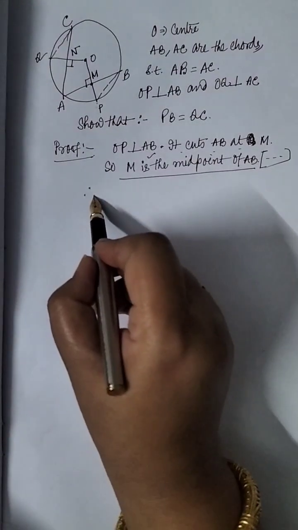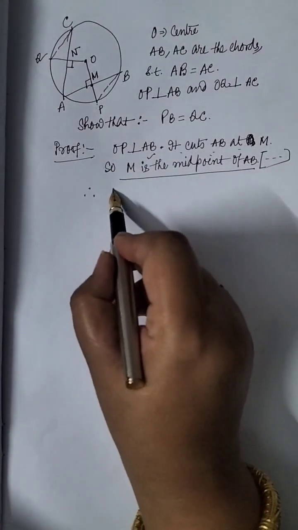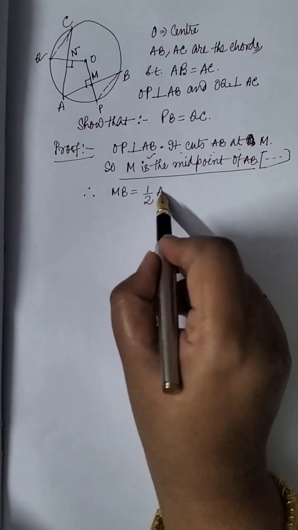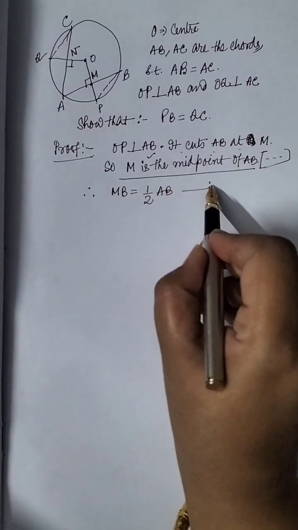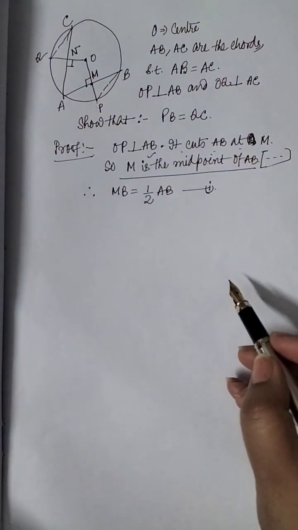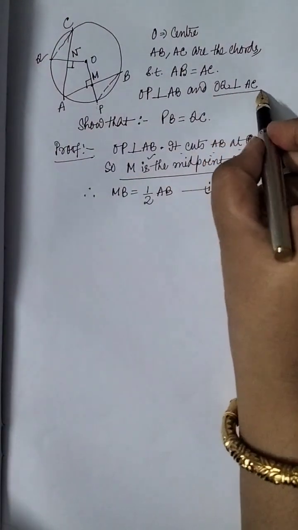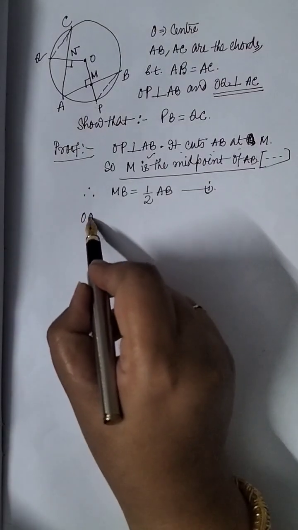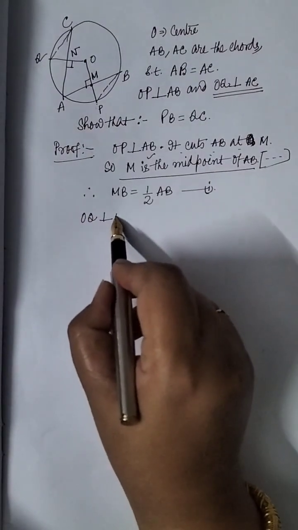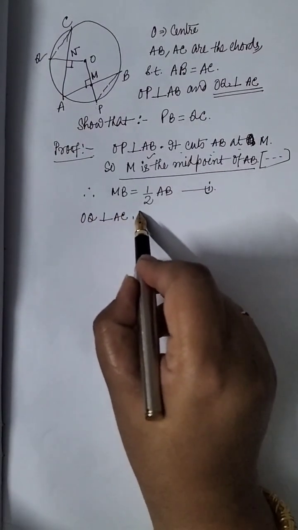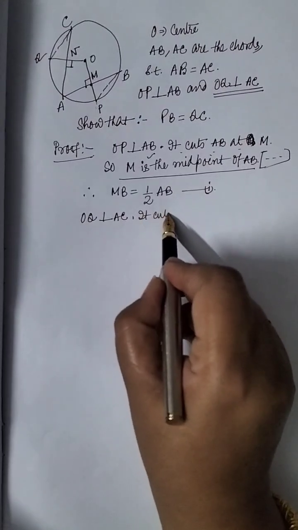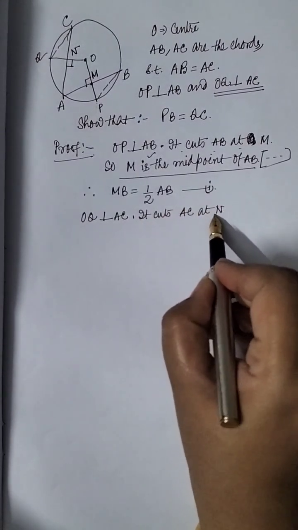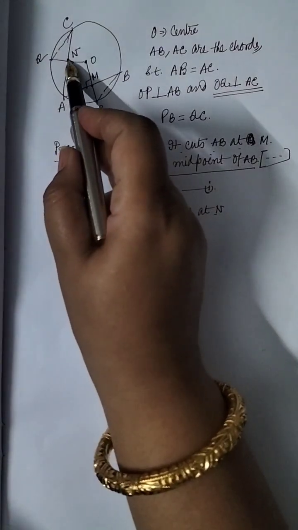So from this we can write MB equals to half of AB, right? Let's take it as equation number 1. Similarly, we get OQ is perpendicular on AC. It cuts AC at N, right? At this point.